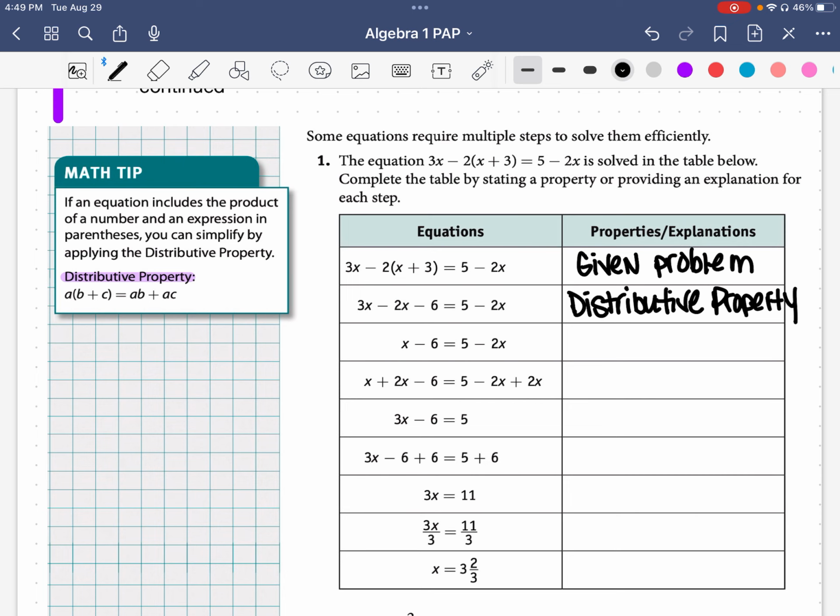All right, now it looks like they've gone from 3x minus 2x to simply just x. Everything else seems to be exactly the same. So they've simplified, or actually, I would say they've combined like terms.